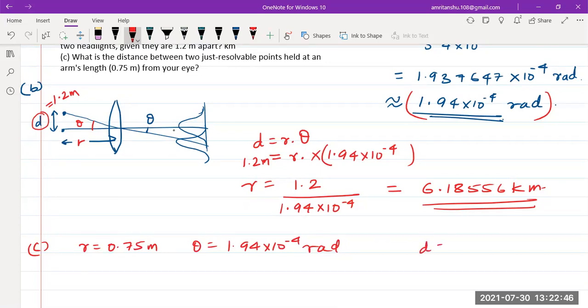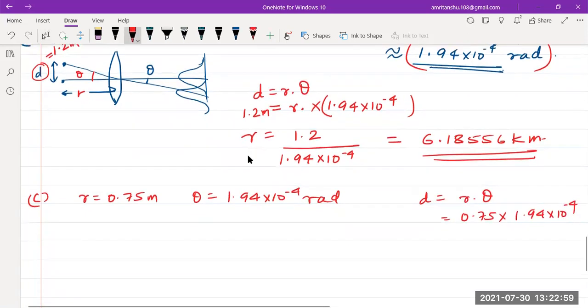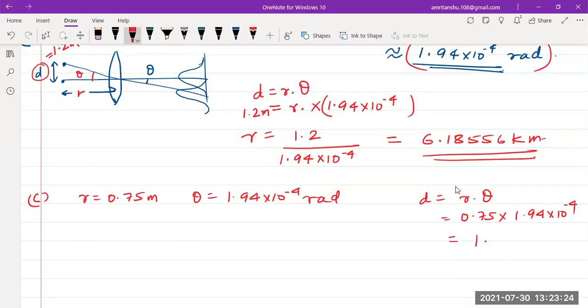So d is going to be r into theta over here. r is 0.75. Theta is going to be 1.94 into 10 raised to minus 4, which happens to be 1.455 into 10 raised to minus 4 meters, which is approximately 0.1 millimeters.